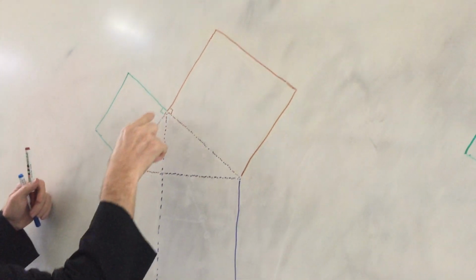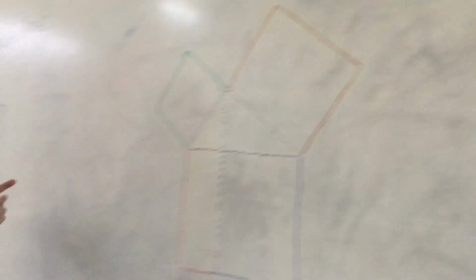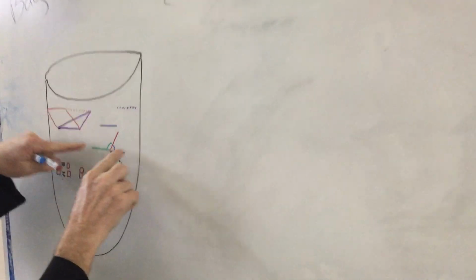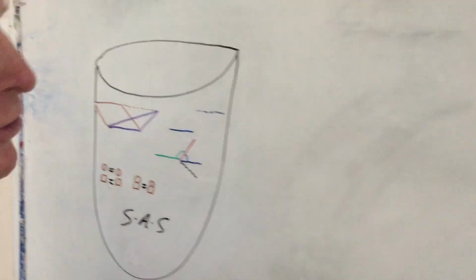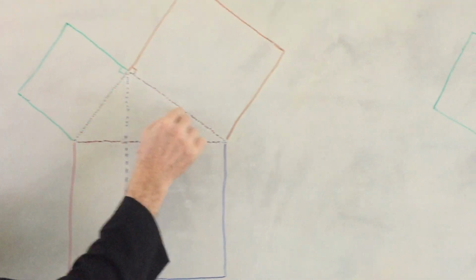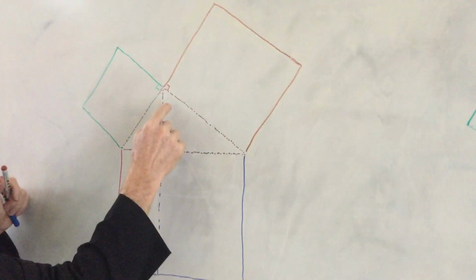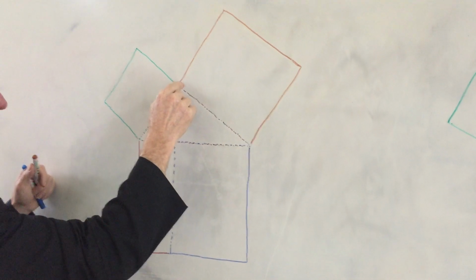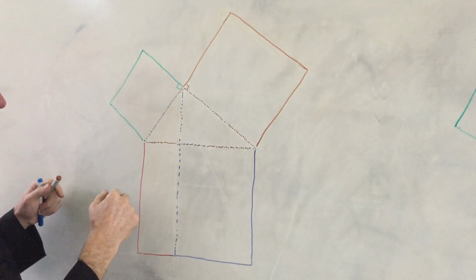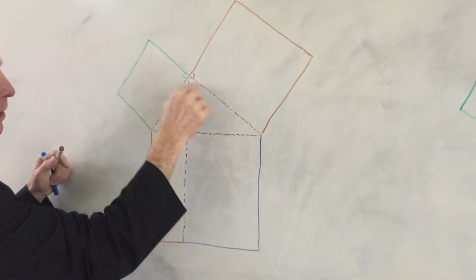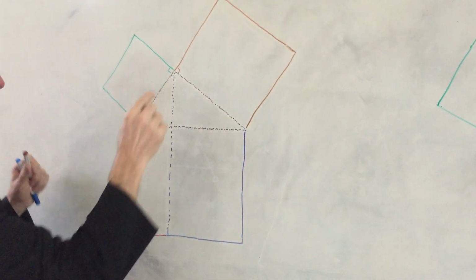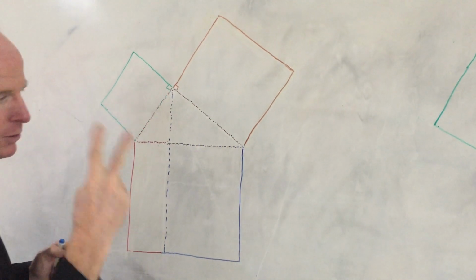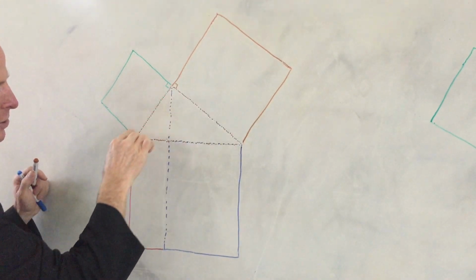By the way, let's prove that this is in a straight line. Remember, when you have two lines coming from a point of another line, creating adjacent angles equal to two right angles, they're in a straight line. It's given that this is a right angle because it's a right angle triangle. And it's given that this is a right angle because it's a square. So here you have a line, and two lines coming from it, forming adjacent angles equal to two right angles. Right angle plus right angle equals two right angles, so this is in a straight line.